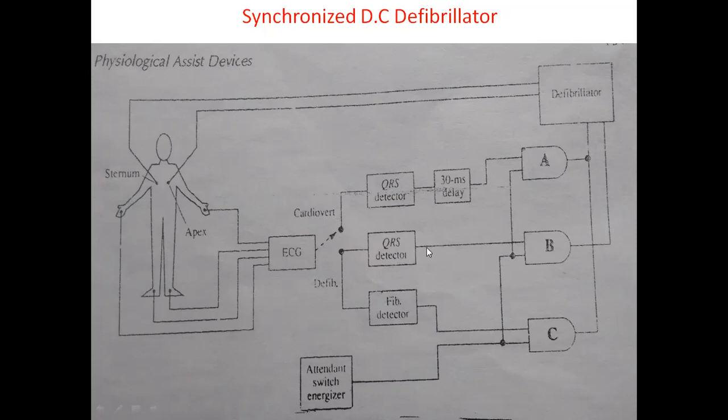The output of the QRS detector produces a high pulse, and when you apply the switch voltage, that produces a pulse which turns the defibrillator on, and those pulses are applied to the heart muscles and chest walls. Like this, there is synchronization with the ECG waveform, and depending upon that the defibrillator applies the voltage to the patient.